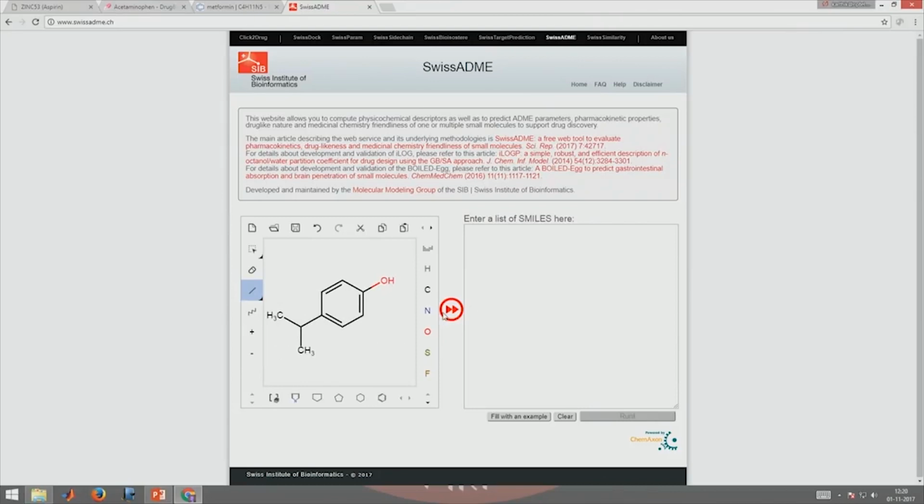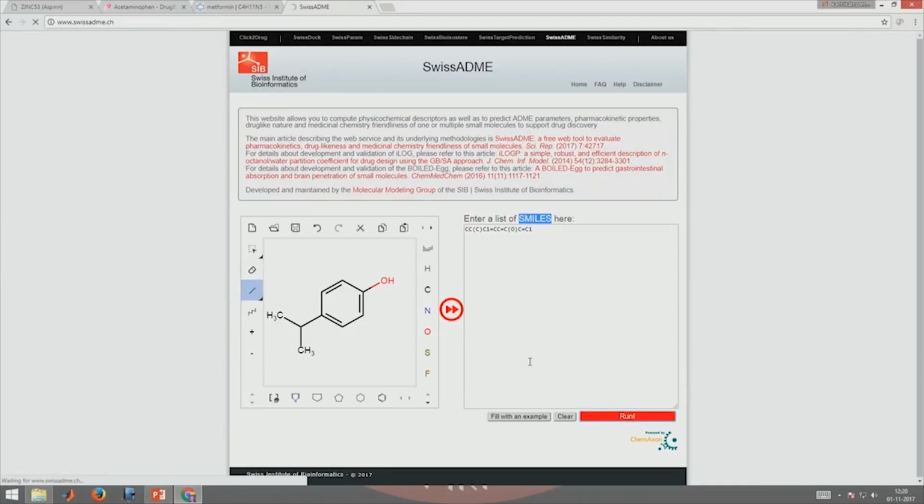Then I want to know some of the properties which it can calculate. So, it converts it into something called SMILES. We will talk about this more in detail. SMILES is a linear representation of the molecule. We will talk more in detail after a few minutes. So it converts that into SMILES, then we can say run.